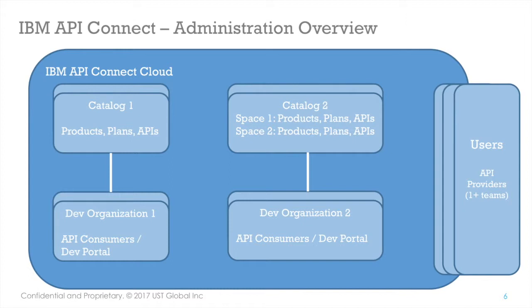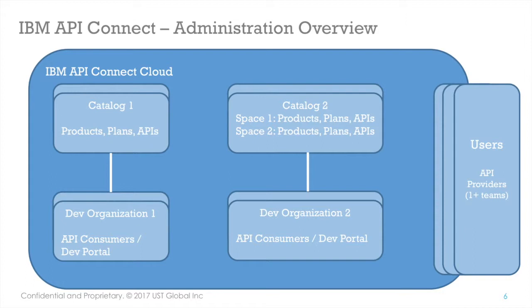One is we have a set of catalogs where we have different products, plans or APIs inside of them, and then we can, from those catalogs, create different development organizations. Those development organizations are the ones that are consuming the APIs and not the ones that are producing them. So we need to differentiate that term, but those development organizations are the ones that are going to create applications to consume the APIs.